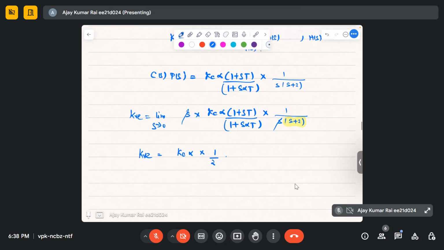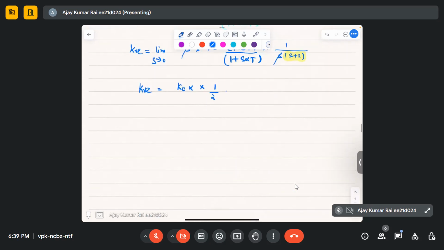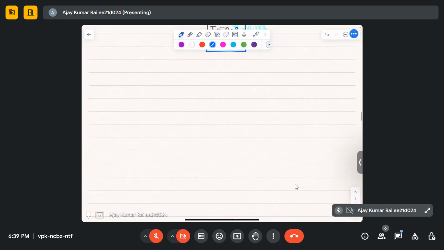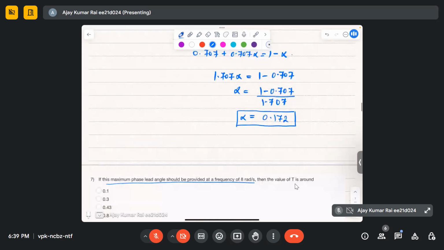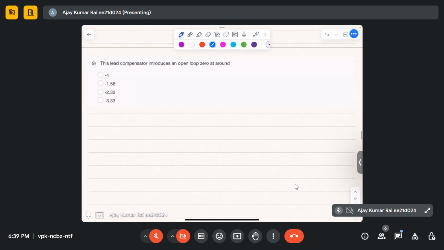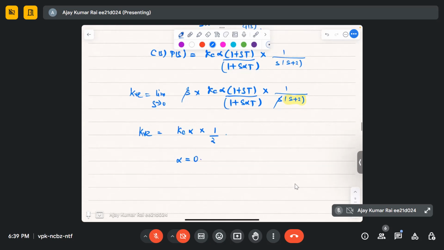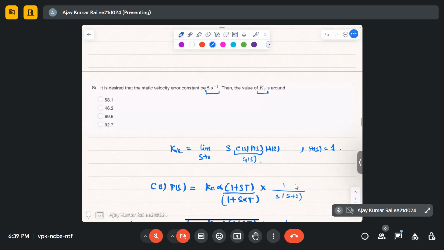So what do you have to find out? We have to find out the value of Kc. Alpha we have already found out. So alpha was 0.172, right? And Kv is given in the question, 5.